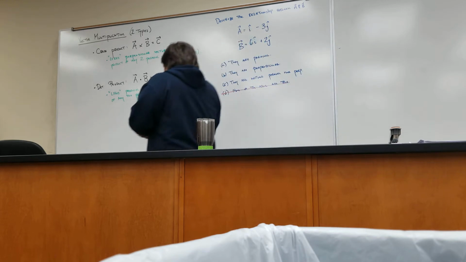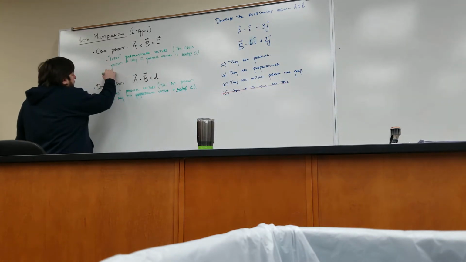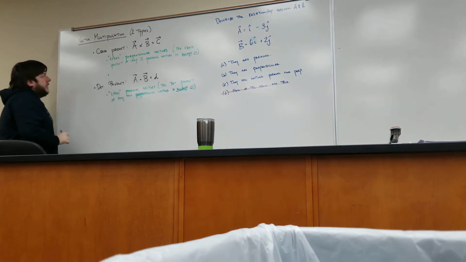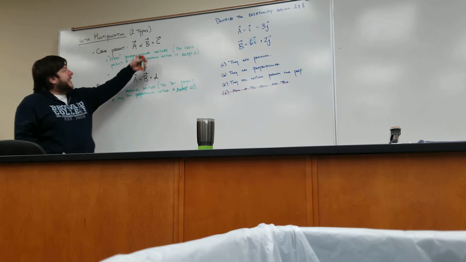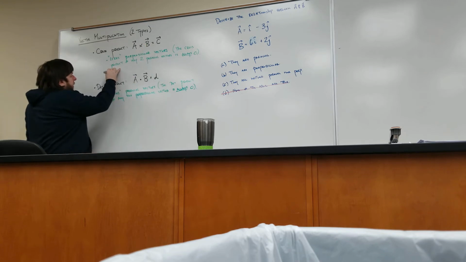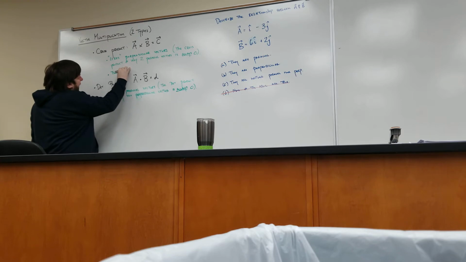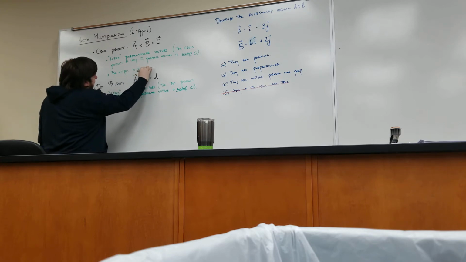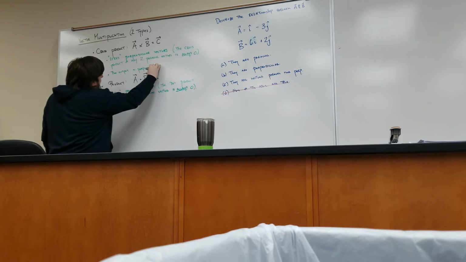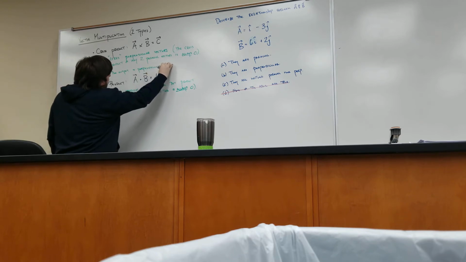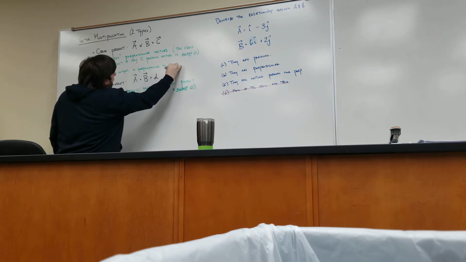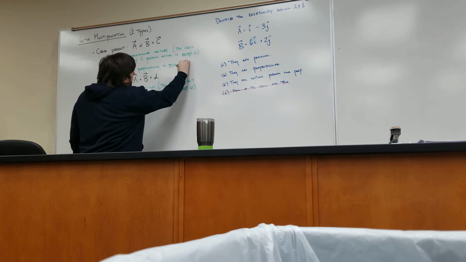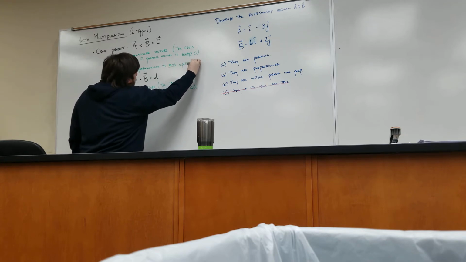Right, for the cross product, there's one other thing I need to point out. The cross product, the output is itself a vector, and the output is perpendicular to both input vectors.